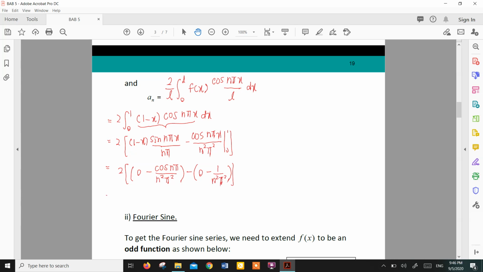Okay, then you simplify, you will get 2. Since this is negative and this is positive, minus and minus is negative, then I'll put this one first: 1 over n squared pi squared minus cos(n pi) over n squared pi squared.